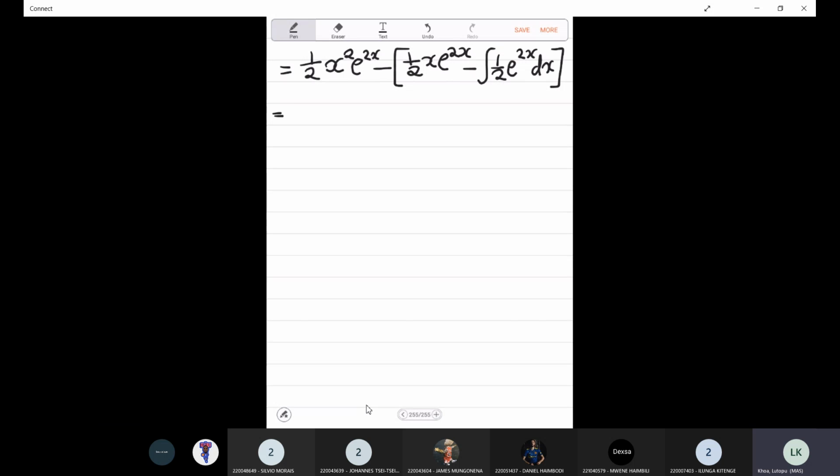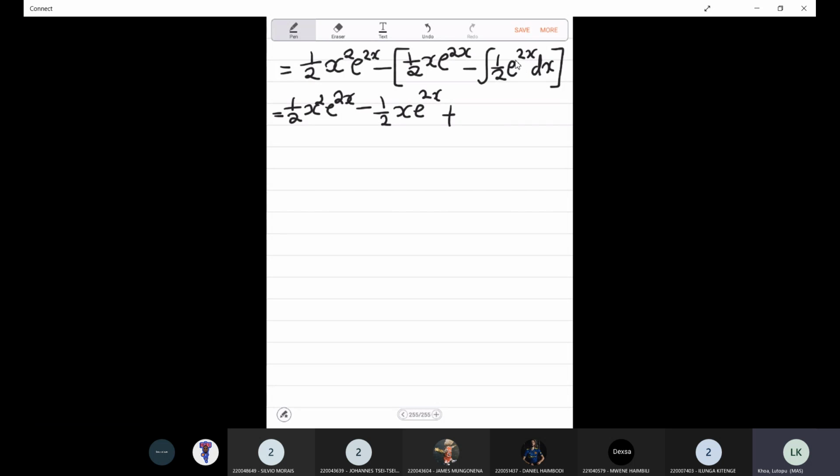So this is a half x squared e to the power of 2x minus a half x e to the power of 2x, and then this negative and negative will give me positive, and then the half can go outside the integral, and then I integrate e to the power of 2x, that's half e to the power of 2x.